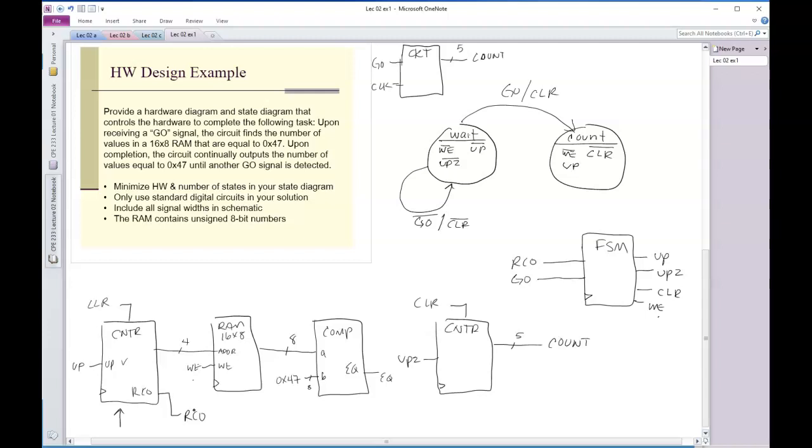But what's interesting here is what to do with the other counter. And so what I'm going to say here is this counter here increments when I find that numbers are equal, and when I find the numbers are equal, it's going to indicate that with this output of the comparator.